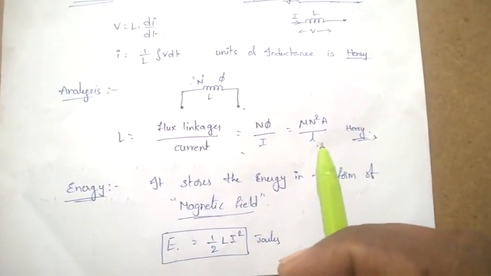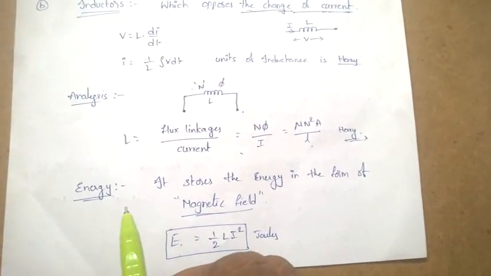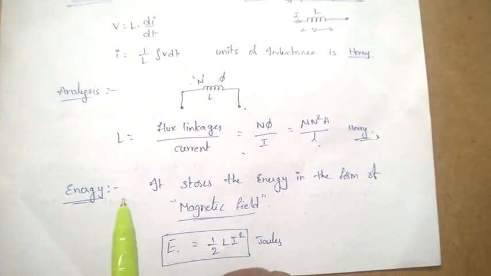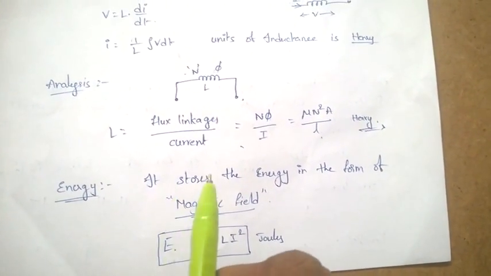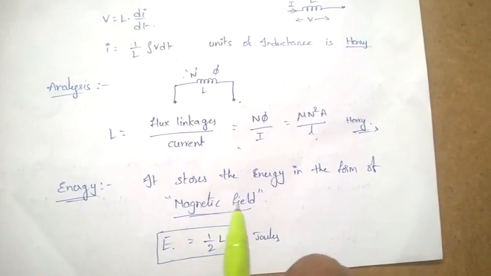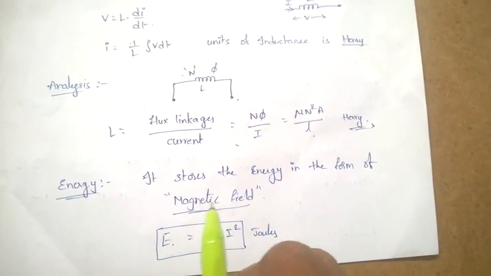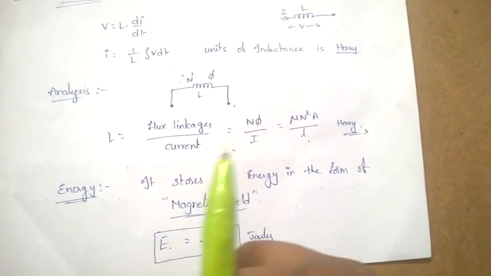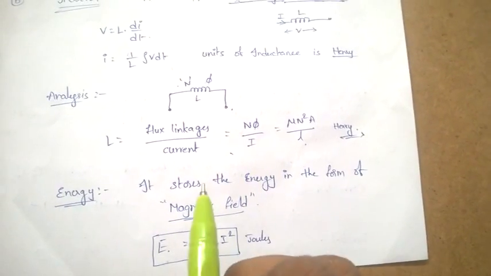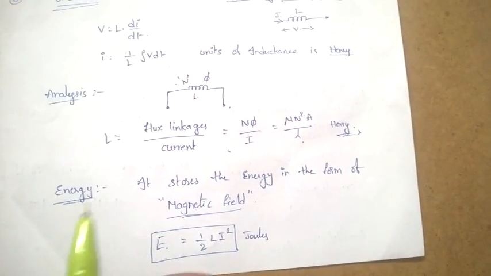Next, the energy. The inductor stores energy in the form of a magnetic field. In case of a capacitor, it stores energy in the form of an electric field.